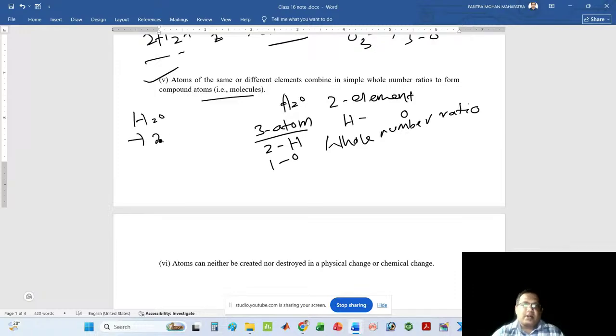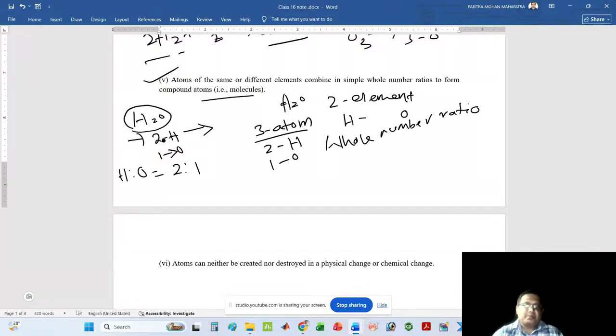There are two hydrogen atoms and one oxygen atom. If you think about the formation of water, they have a fixed ratio. They have a number ratio and also a fixed ratio by mass. If you think about the number of atoms, the hydrogen to oxygen ratio is 2 is to 1.